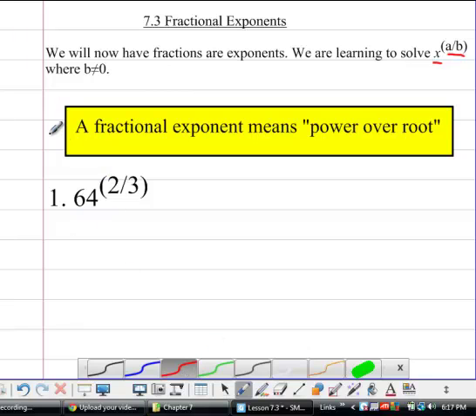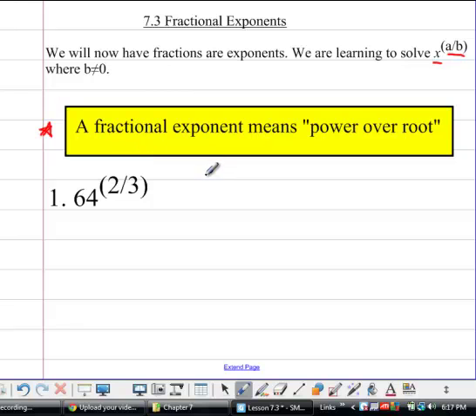Fractional exponent means power over root. So looking at this first example, I have 64 raised to the 2/3 power. That means the 2 is the power, and the 3 is the root.